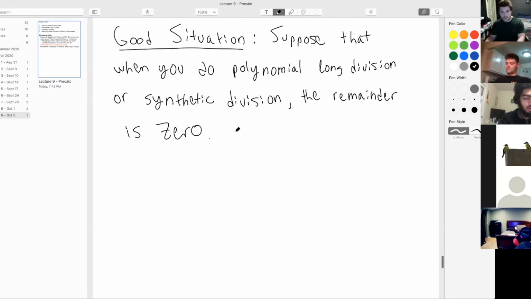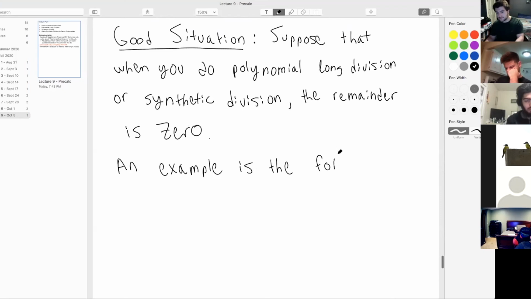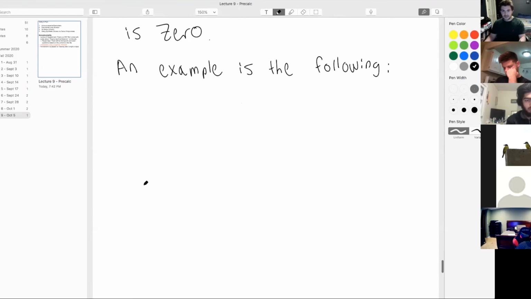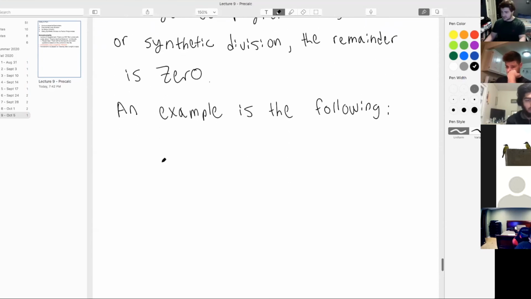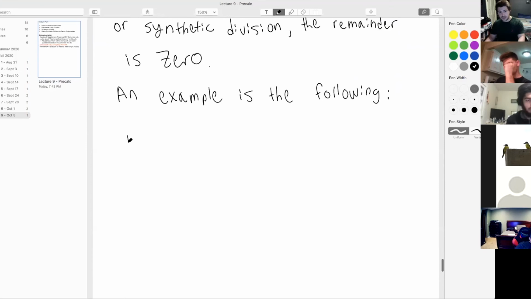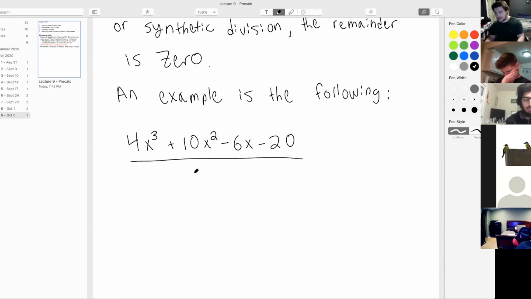All right. So let's talk through an example that is in this good situation. An example is the following: 4x to the third plus 10x to the second power minus 6x minus 20, divided by x plus 2.